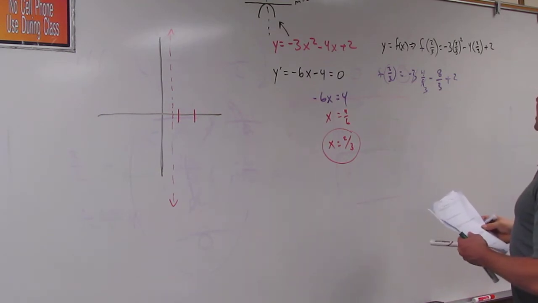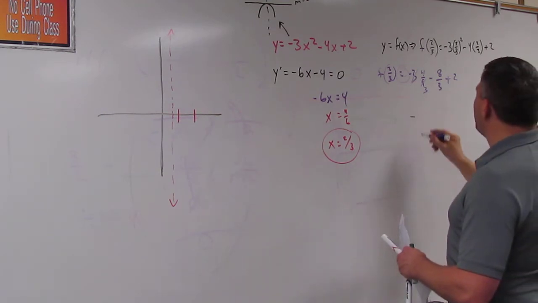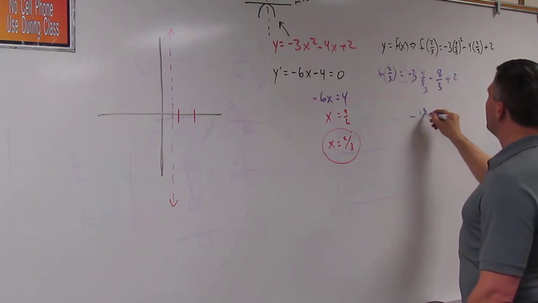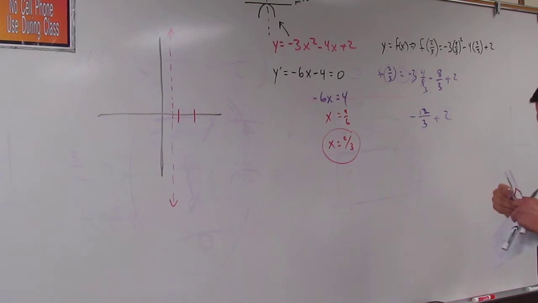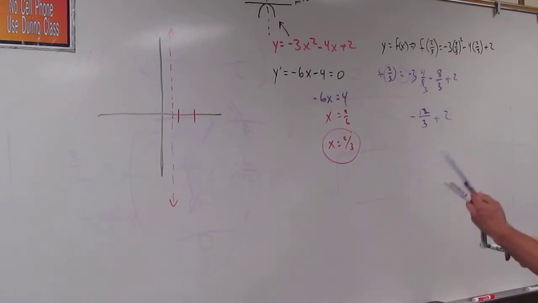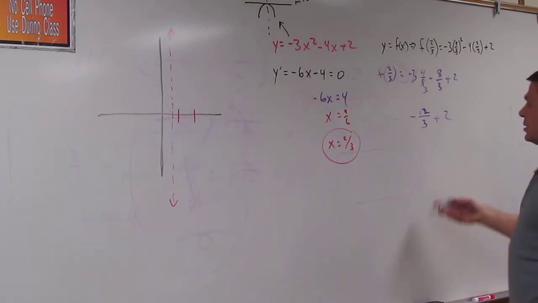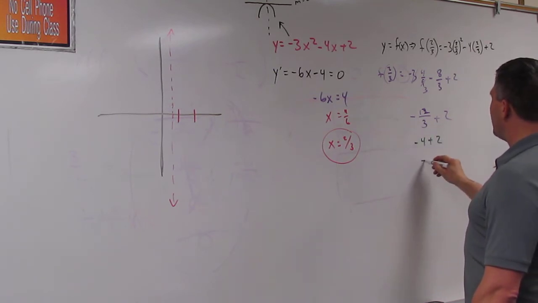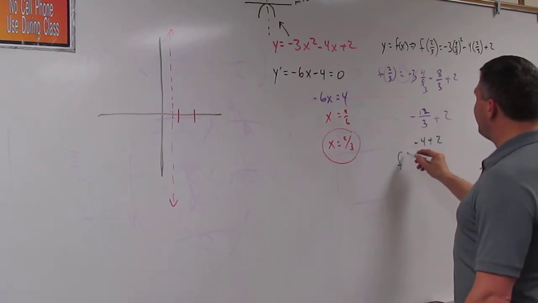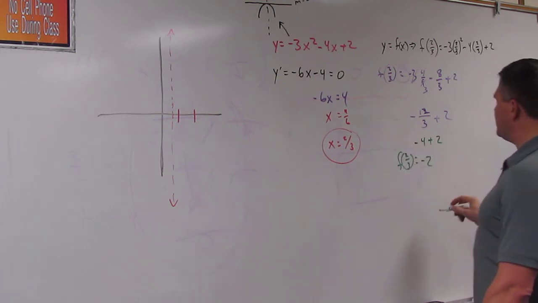Negative 4/3 and negative 8/3 gives me a negative 12/3 plus 2. Negative 12/3 is the same as negative 4 plus 2. So I have negative 2. f of 2/3 is equal to negative 2.